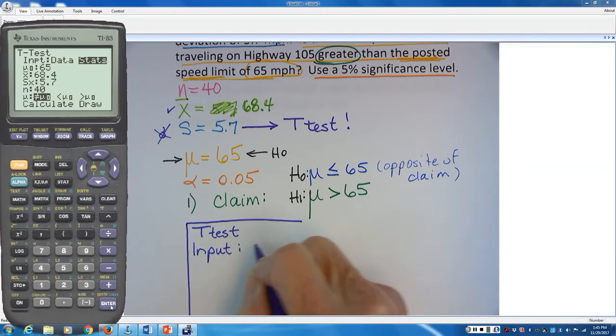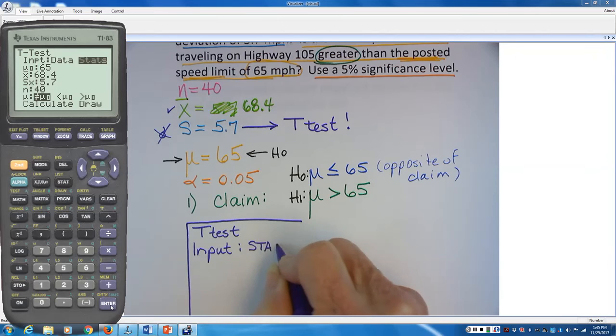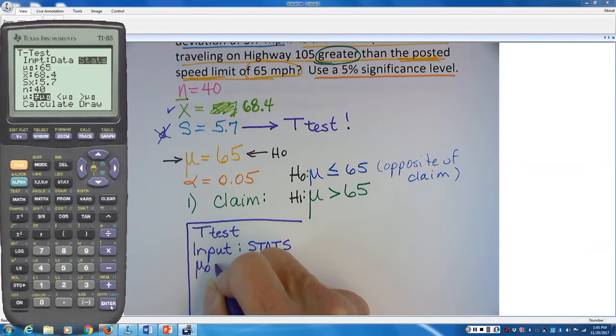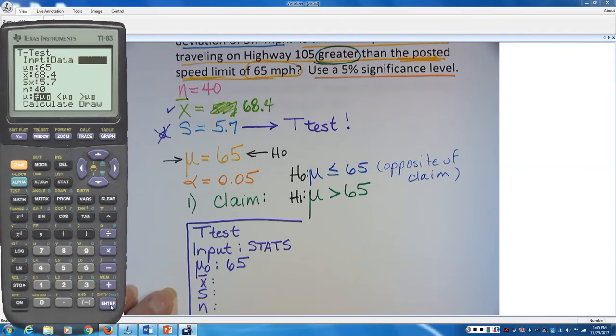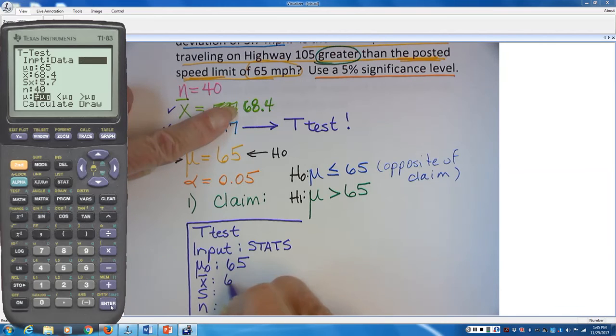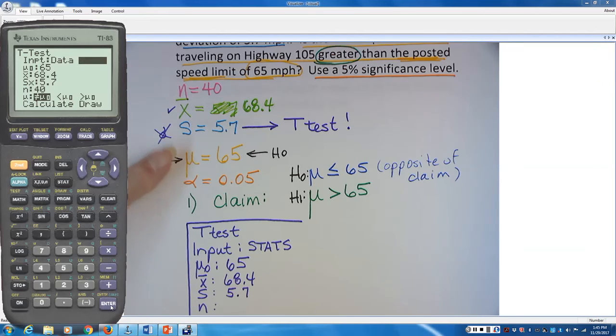We have stats. Second question is, what is mu sub 0? 65. Then it asks about the sample: X bar, S, and n. X bar is 68.4. S is 5.7. n is 40.